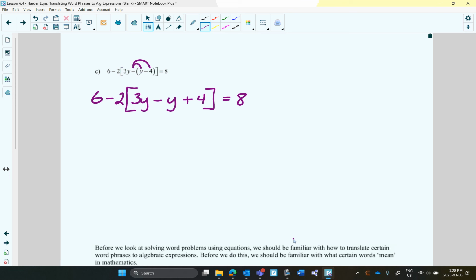But I can keep simplifying the left side. I can get rid of the brackets by multiplying everything inside by -2. So -2 times 3y, -6y. -2 times -y, plus 2y. -2 times +4, -8.